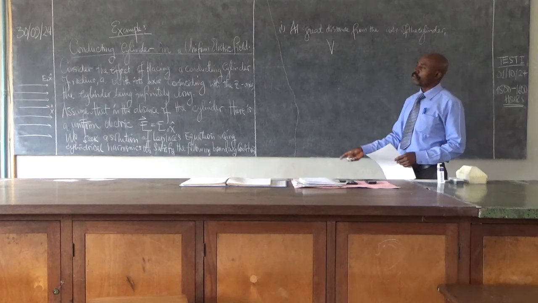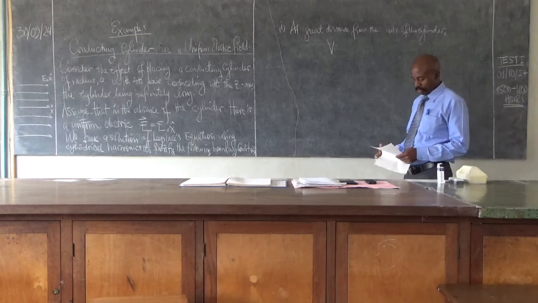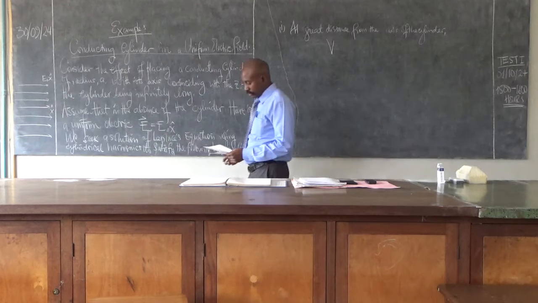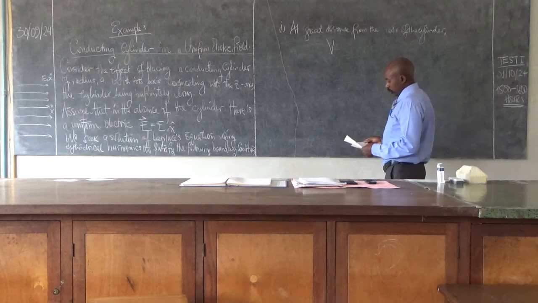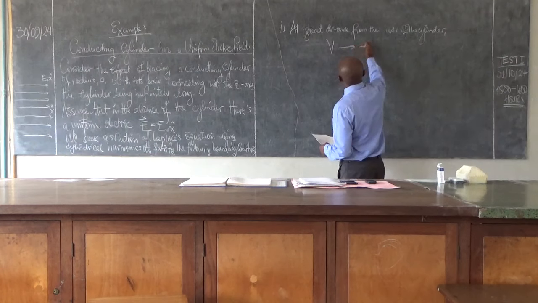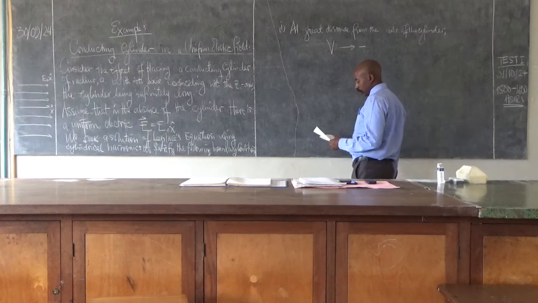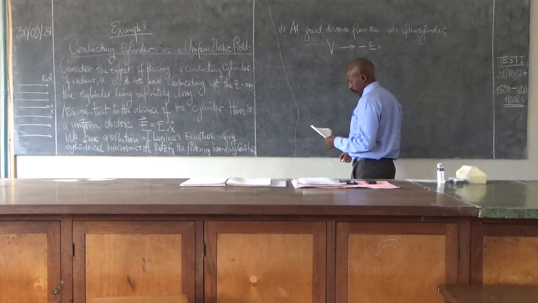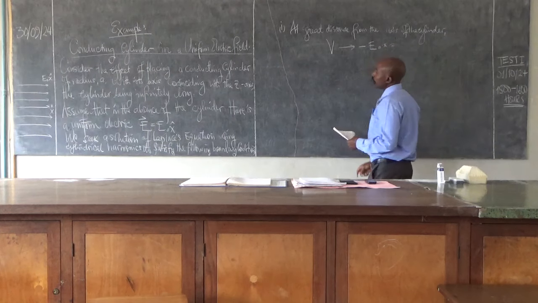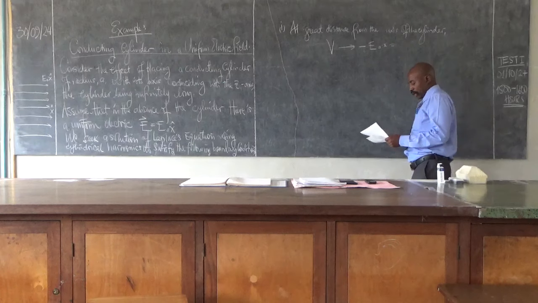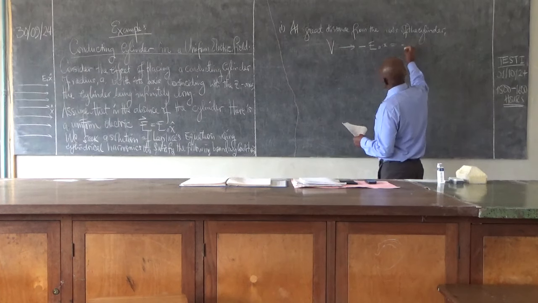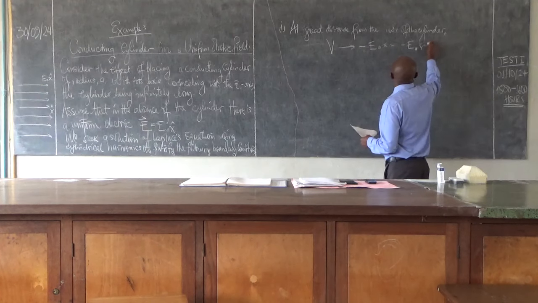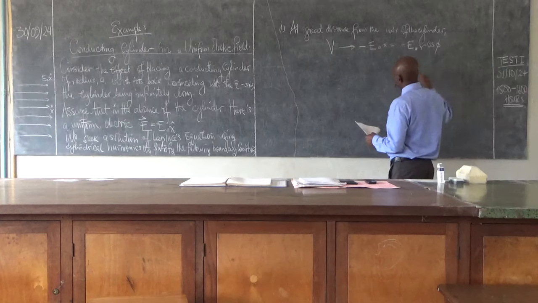E is equal to minus the gradient of V, so V would be equal to minus the integral of E naught dx, which is minus E naught X. And X in cylindrical coordinates is R cos phi, which gives V equal to minus E naught R cos phi.